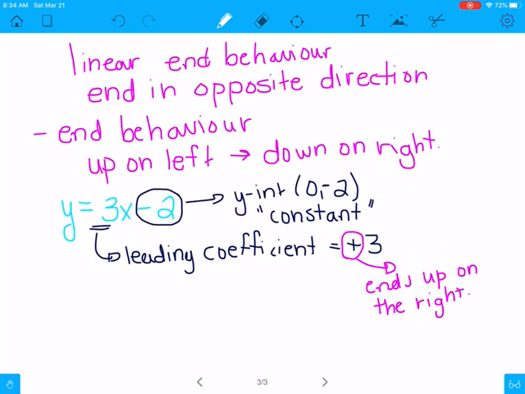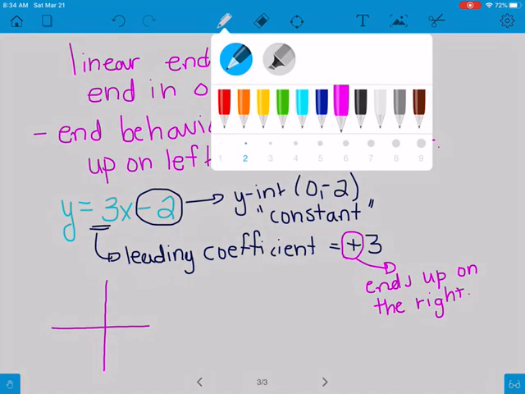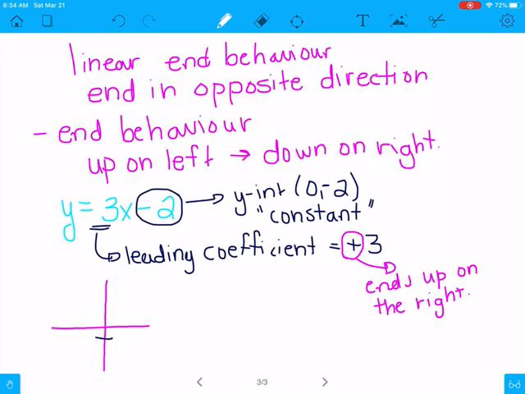It ends up on the right. Okay? So if I were to sketch this, I have a -2 as my y-intercept. And then my slope is 3 over 1.